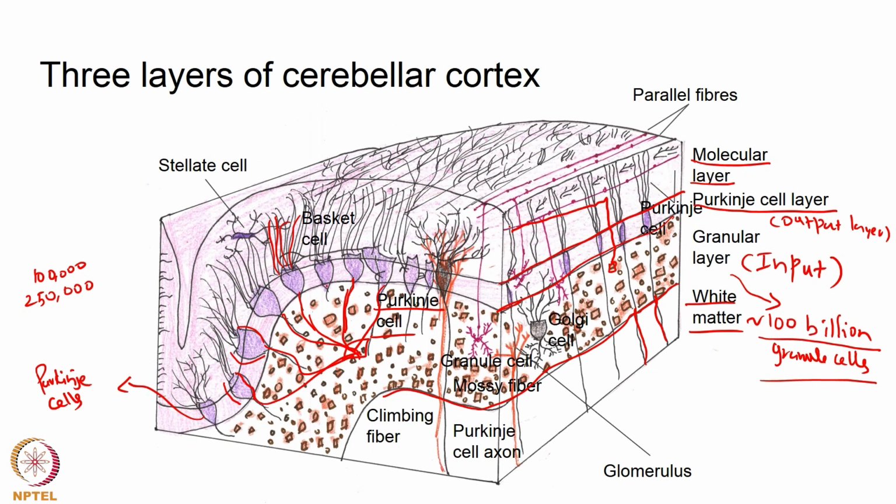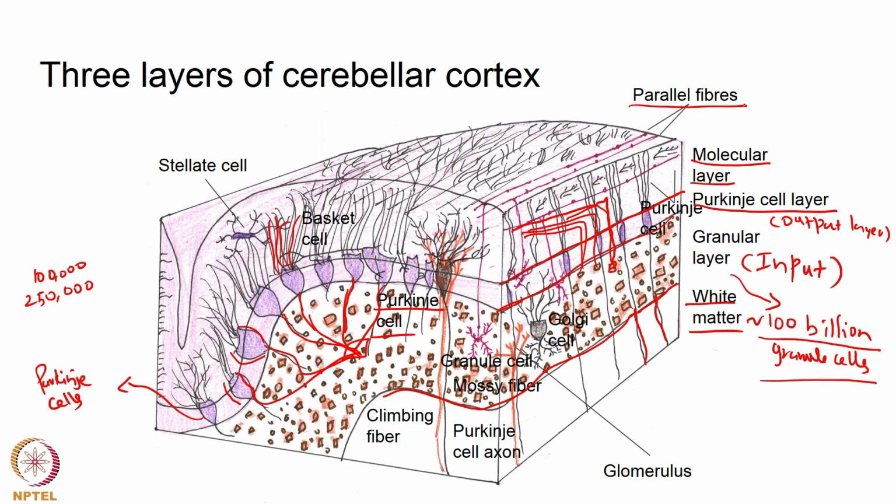It turns out that these granule cell axons, and there are several of these that go like this, all go parallel to each other, but perpendicular to the dendritic tree of Purkinje cells. Because they are parallel to each other, these are called parallel fibers.